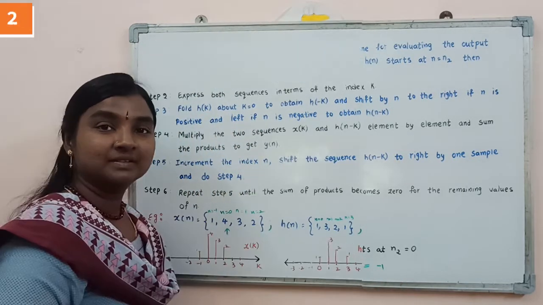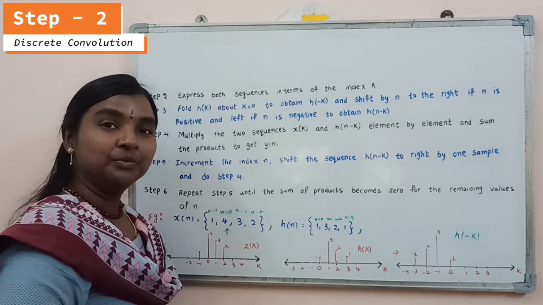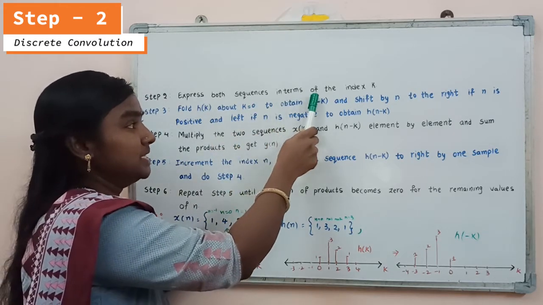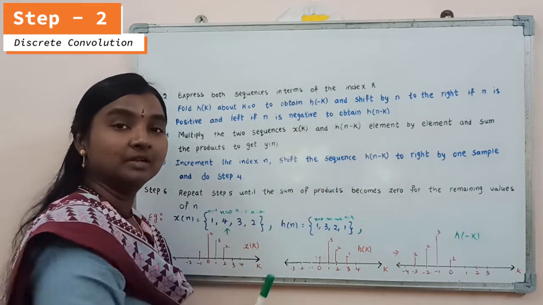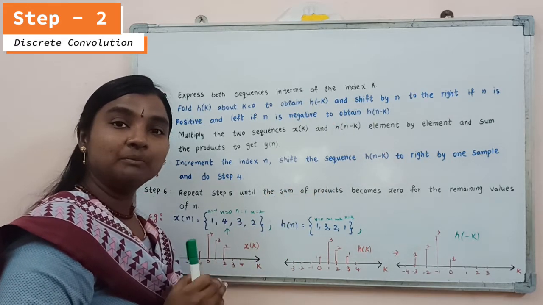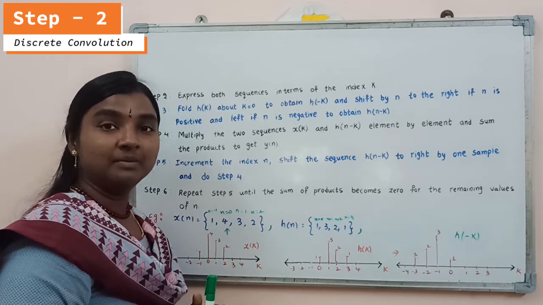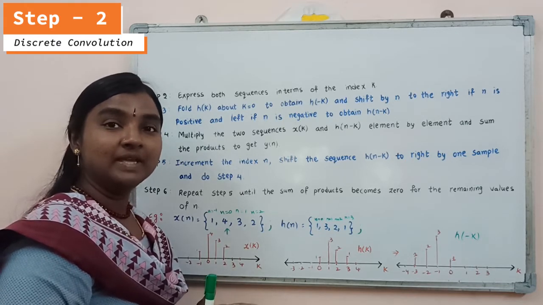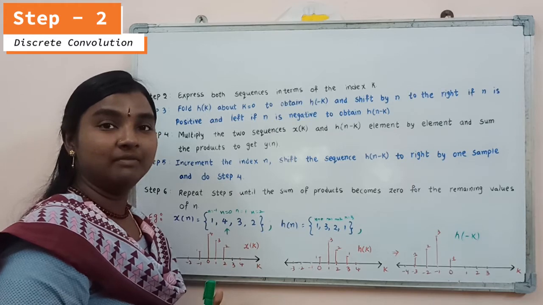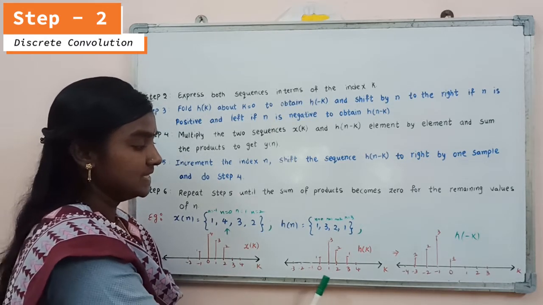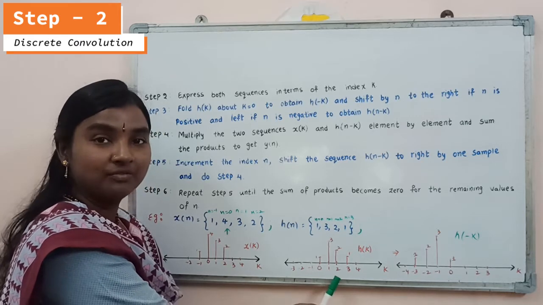Now, in step 2, we express both sequences in terms of the index variable k. So instead of representing both sequences x of n and h of n with the independent variable n, we use the independent variable k. This is the signal x of k and this is the signal h of k.